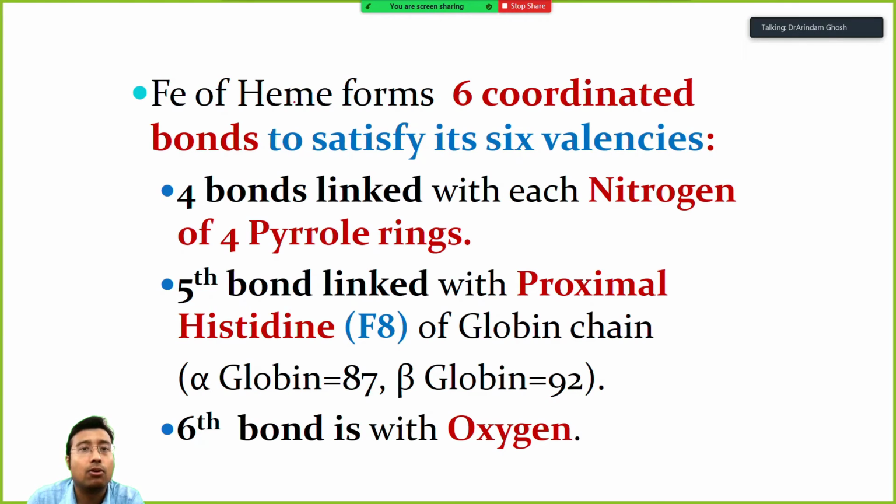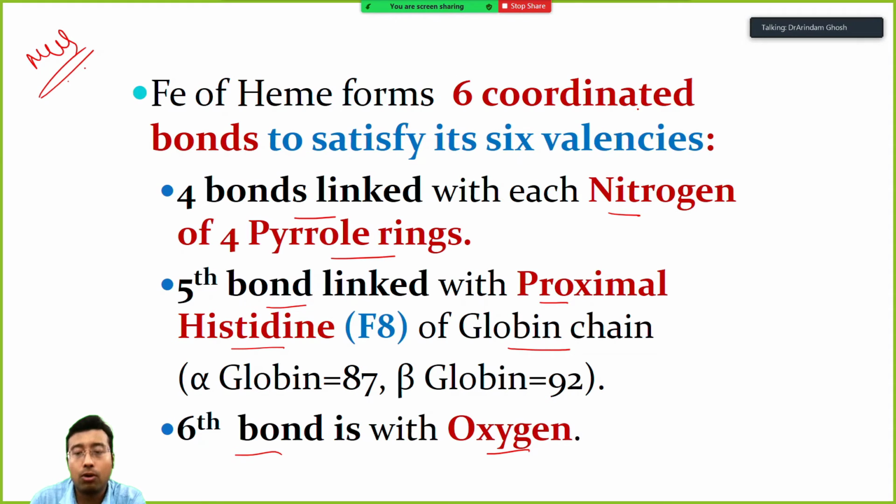The examiner will ask you how all the 6 valencies of iron are satisfied. 4 bonds are linked to the nitrogen of 4 pyrrole rings. The 5th bond is with the proximal histidine of the globin chain. This is a very important MCQ, so take a screenshot of this and remember. And the 6th bond is with oxygen.